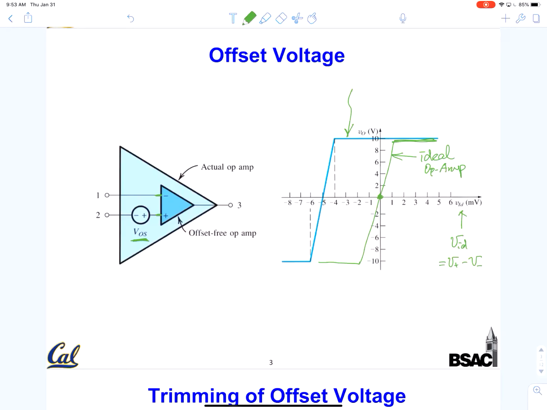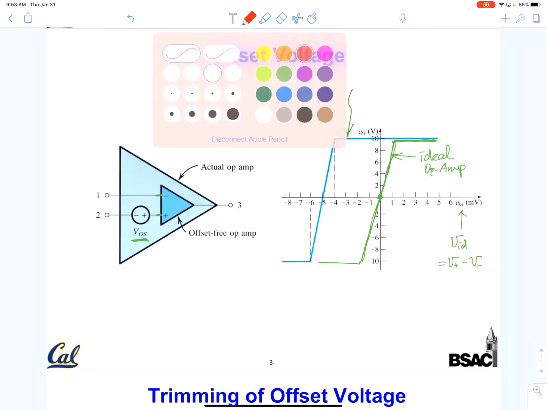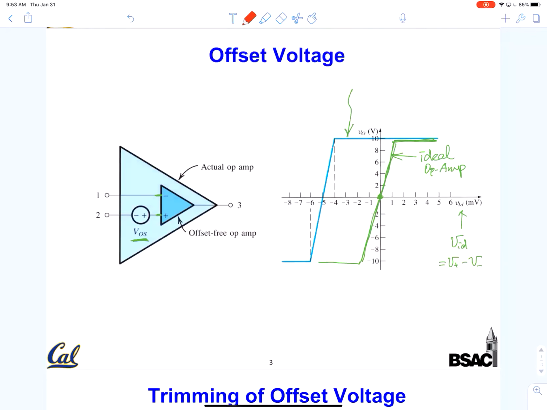Another thing to talk about with this op-amp is that this slope is very, very steep. In this real op-amp, this slope is basically equal to the open loop gain, A0. I mentioned this could be on the order of 100,000 or a million.